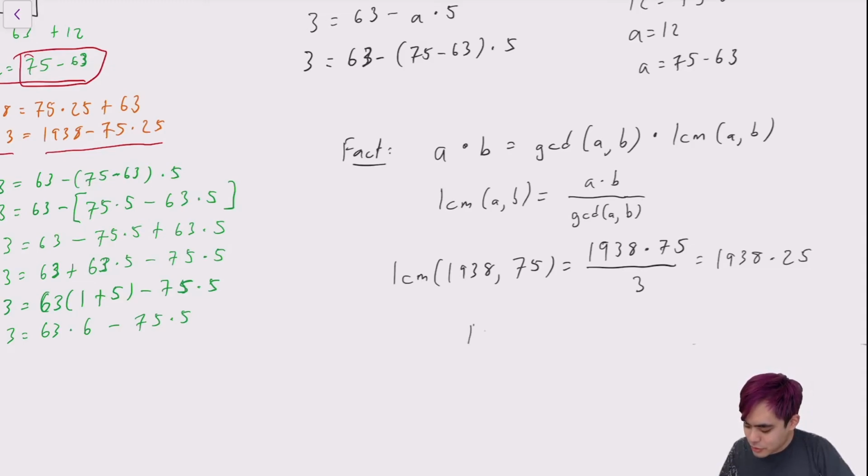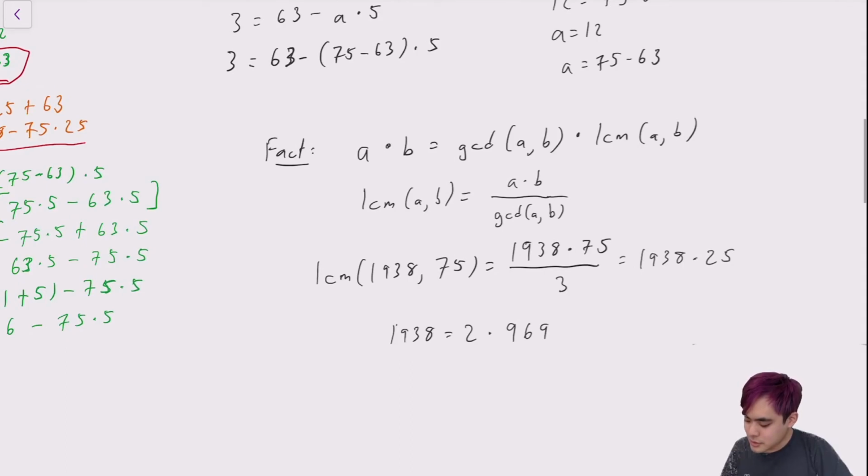So 1,938 is equal to 2 times 969, is that right? So then this thing is equal to 2 times 969 times 25, which is equal to 969 times 50.